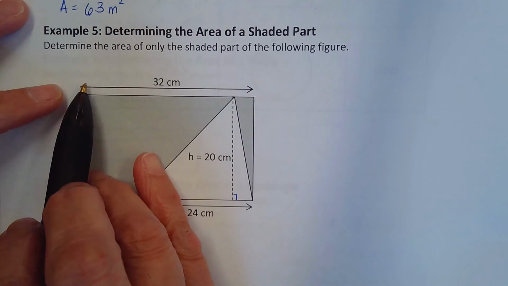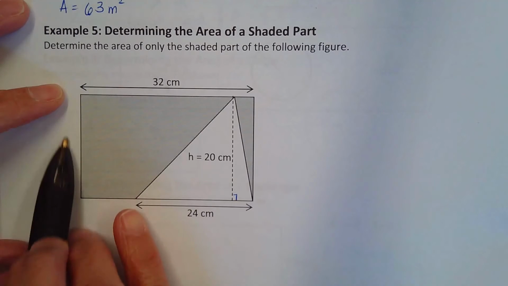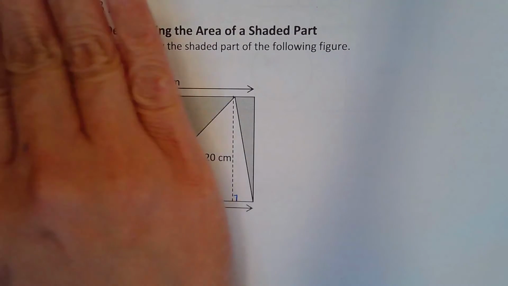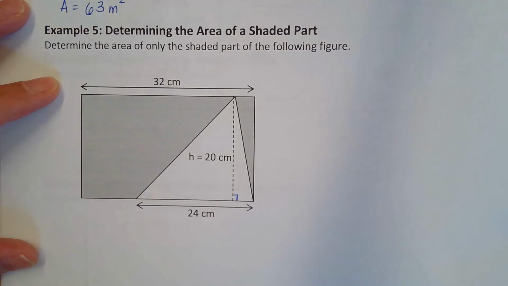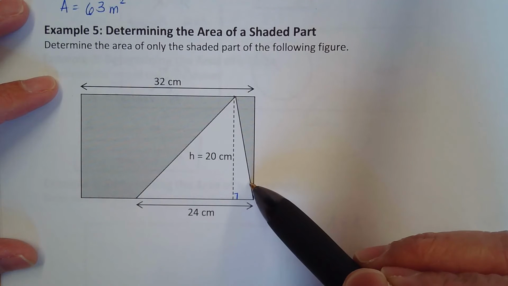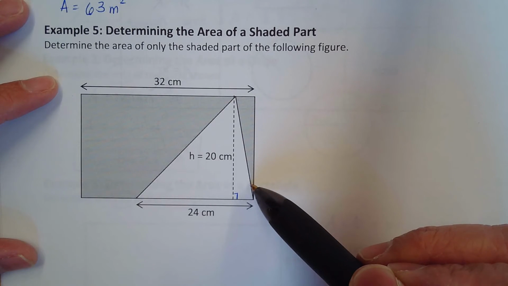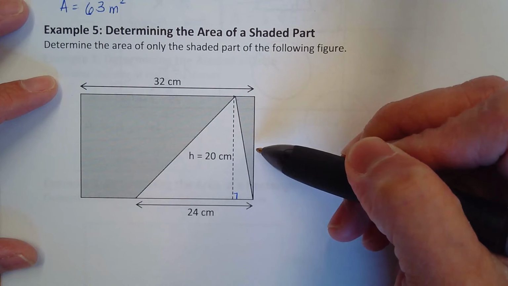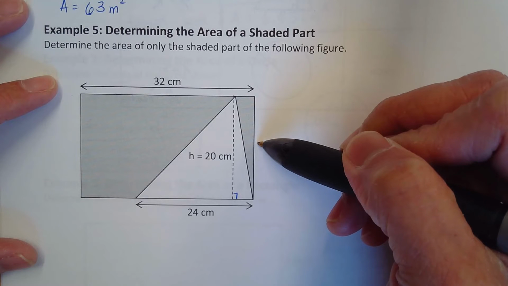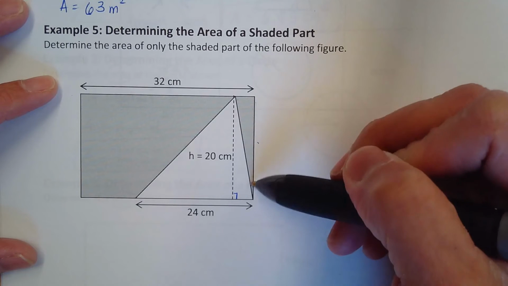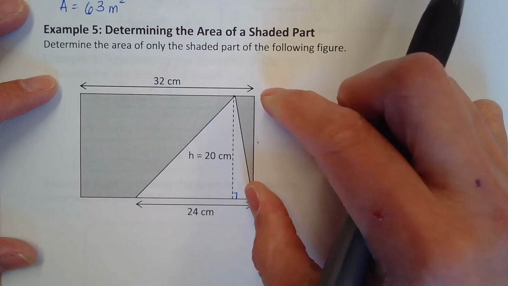Now, how can we figure out the area of only the shaded part? You probably see a triangle here, a triangle there. The only thing that we know about that triangle is this height, right? This is how long?